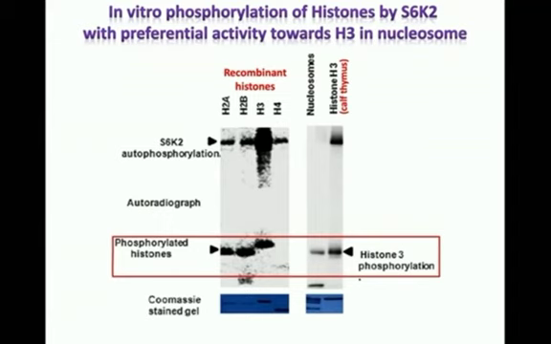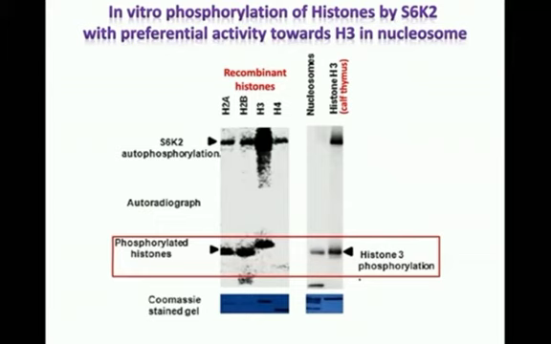So we need to know if it can recognize histone 3 by itself alone, or if it can be recognized in a nucleosome. Because one major problem between in vitro and in vivo is that when you incubate histone 3 alone with the enzyme, yes, it can phosphorylate.